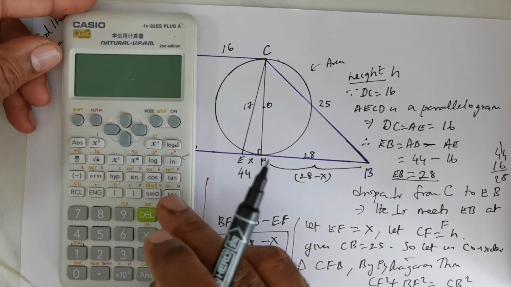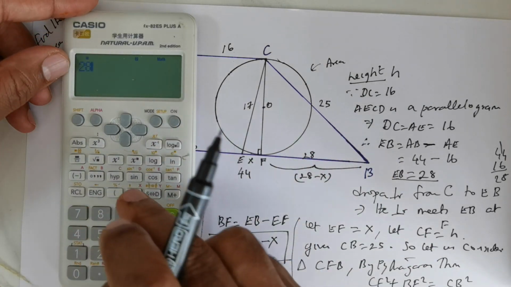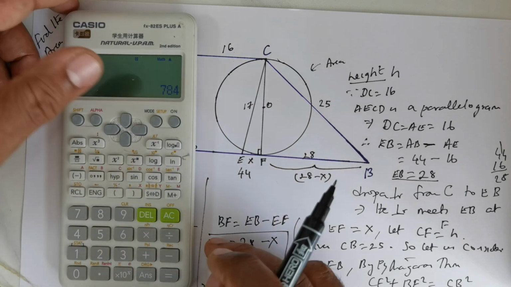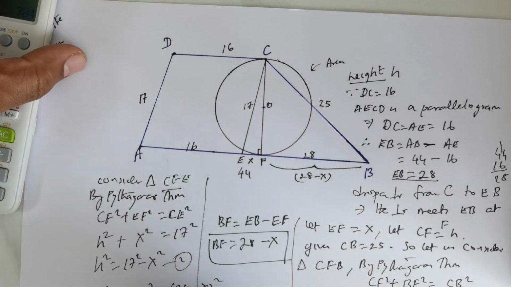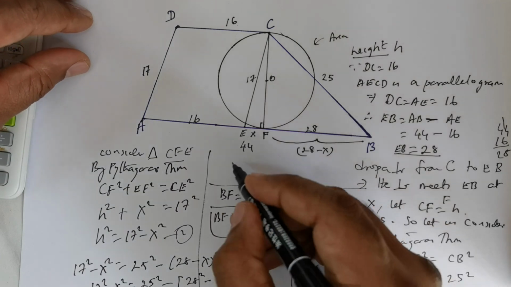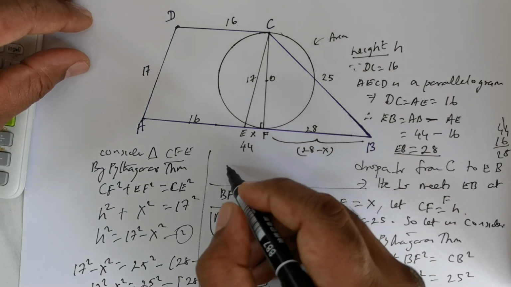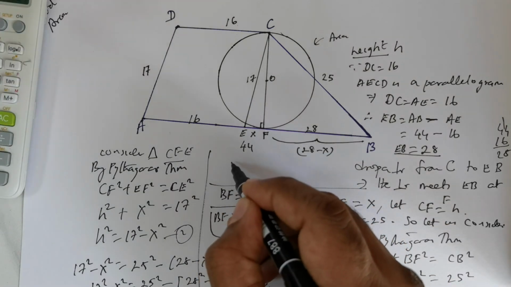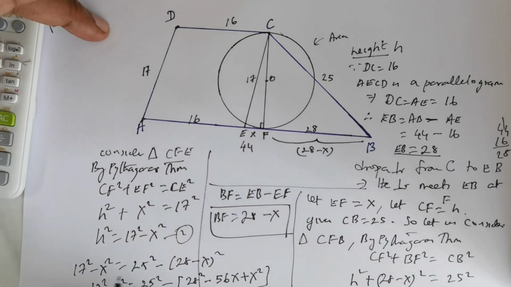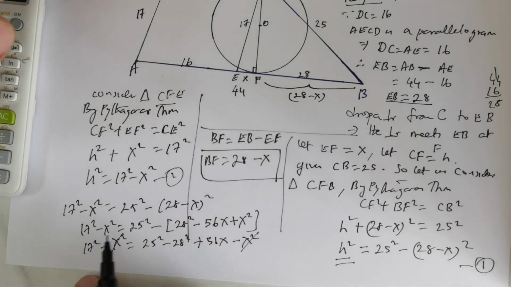So I will just get the value for 28 squared, 784. Now 17 over this, let me use this part of the page. So I'm going to move 28 squared to the left side.